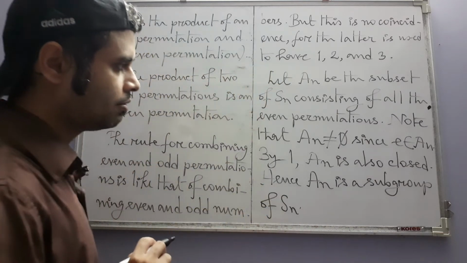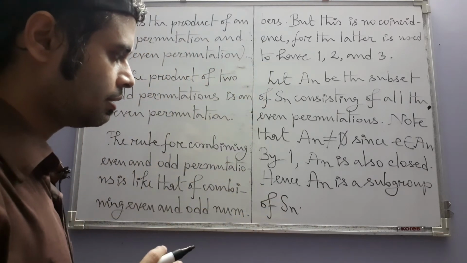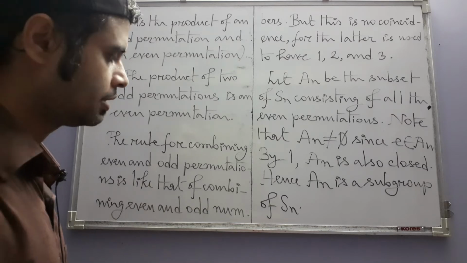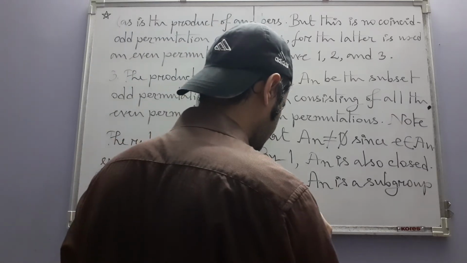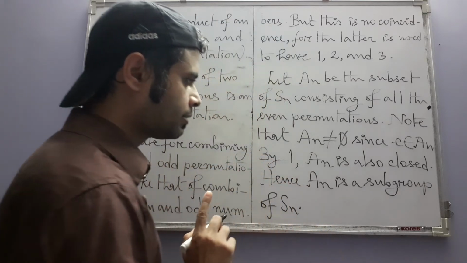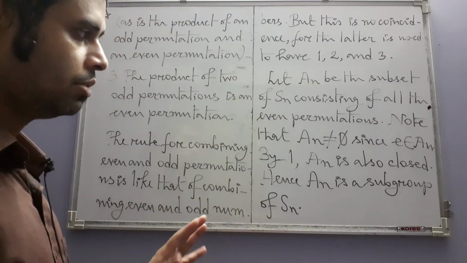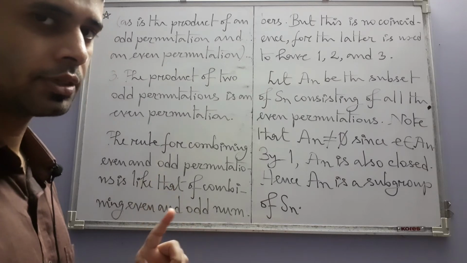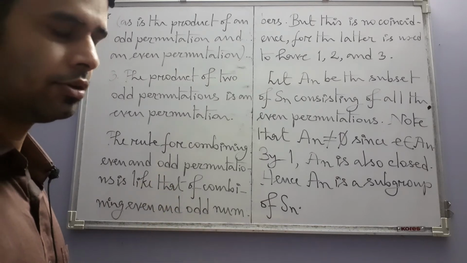Now the next thing we want to show is that this An is actually not just any subgroup of Sn, but a normal subgroup of Sn. Keep one thing in mind, we still don't know the order of An.